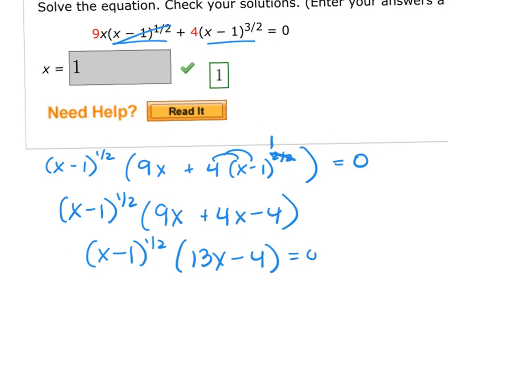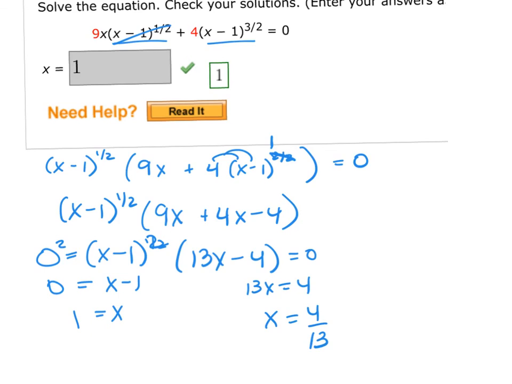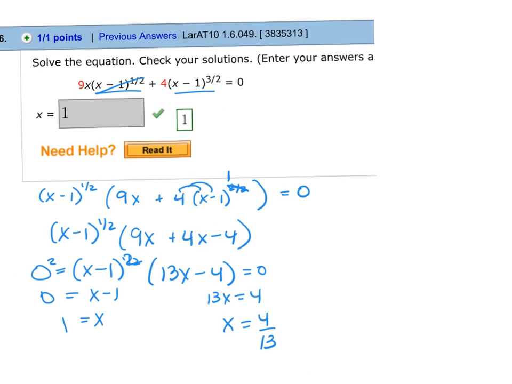Set each equal to 0. Square both sides here. x minus 1 would equal 0, x would equal 1. 13x would equal 4, and x would equal 4/13. So this time when I plug these back in, the 1 is going to work for both.